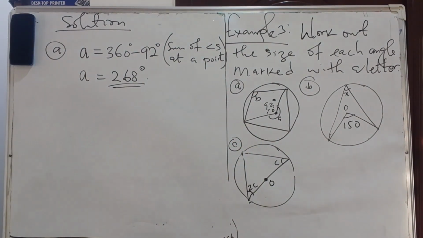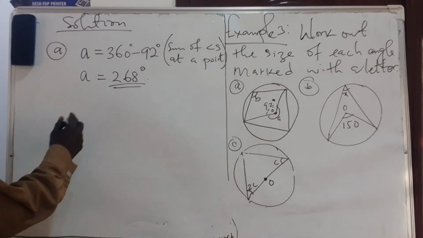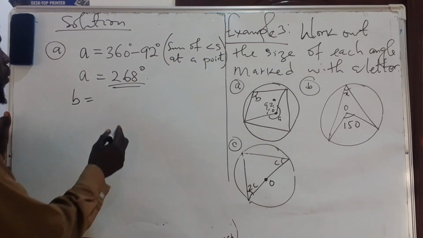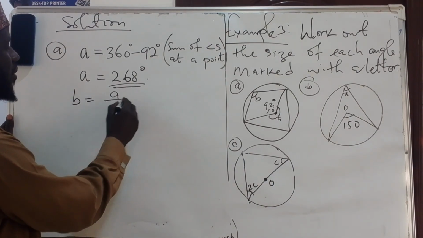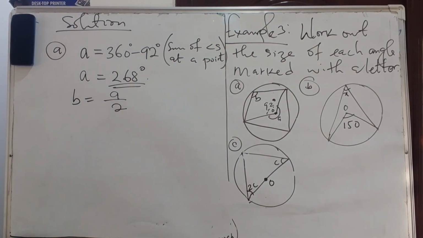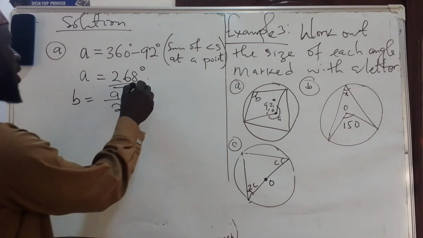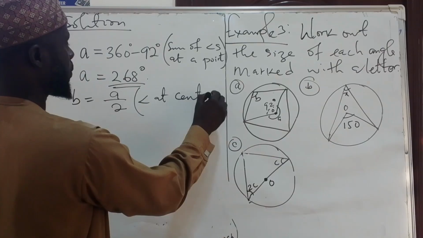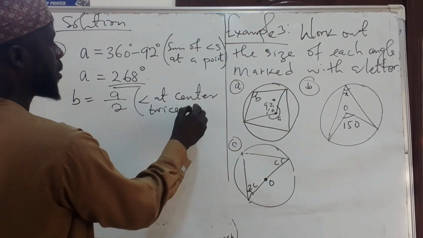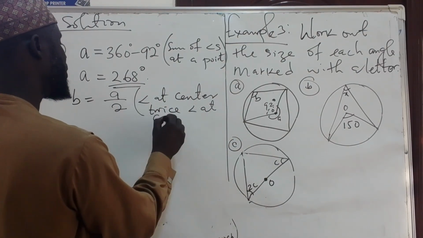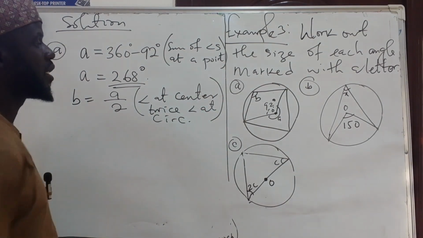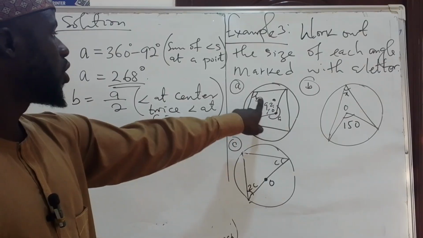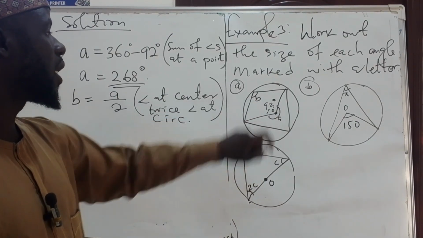Now, what of angle B? Angle B will be equal to angle A divided by 2. Why? This is because angle at center is twice angle at circumference. That is the reason. The angle which an arc of a circle subtends at the center will be twice that which is subtended at the circumference.